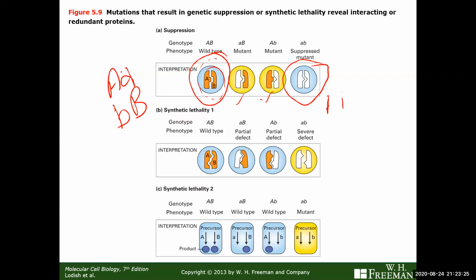So what it means in molecular terms is that A and B are interacting partners. The mutation in A was such that it weakened the interaction with B, not eliminated. Mutation in B similarly weakened the interaction with A, but did not eliminate it. But when both A and B are mutated, then they just cannot interact, and it falls flat.